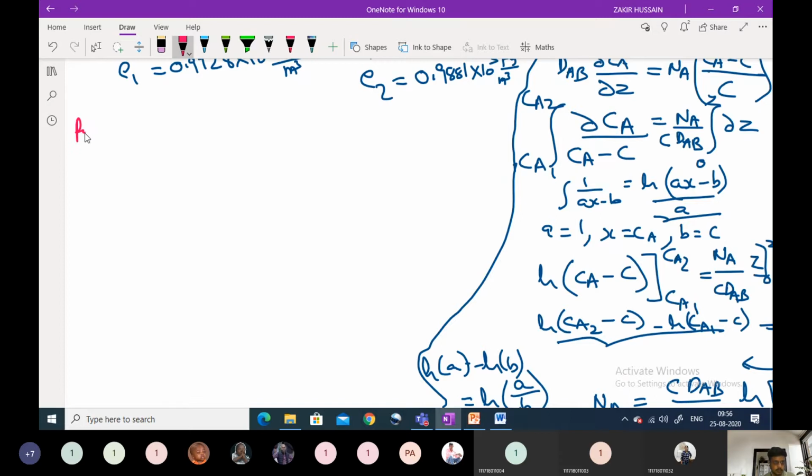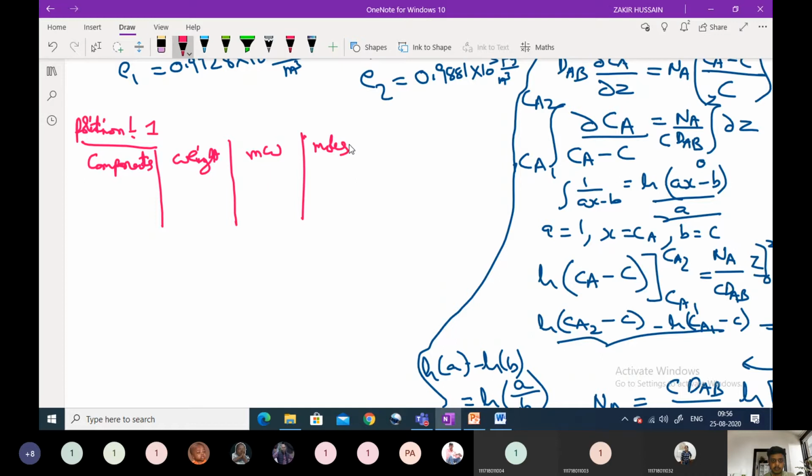So this is position 1. At position 1, what are the components? First, you have to draw a table. What are the components and what is its weight? Then what are its molecular weights? MW refers to molecular weight. Then what are the moles? Moles is nothing but weight by molecular weight.